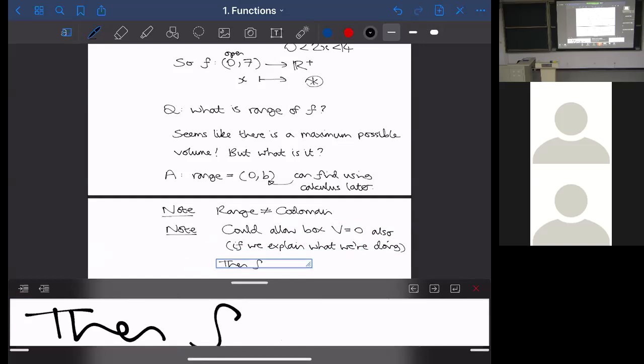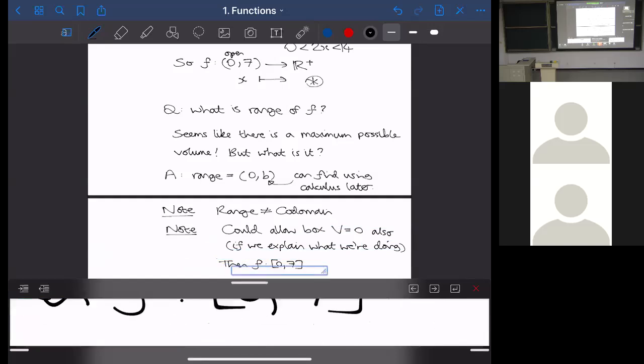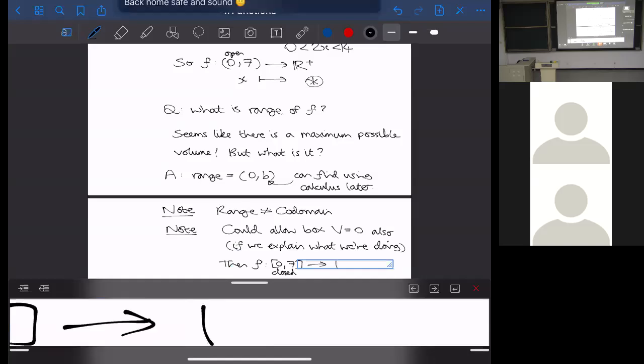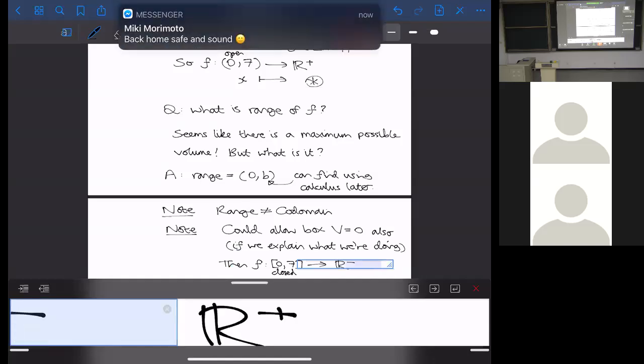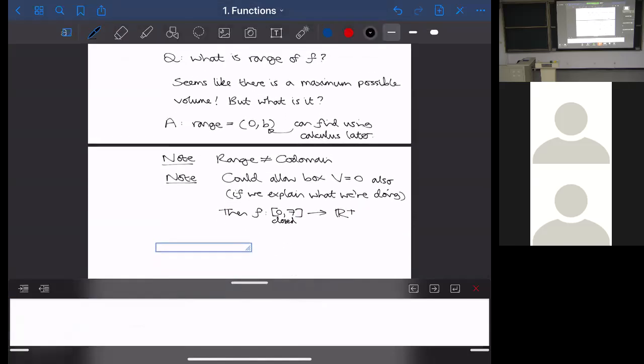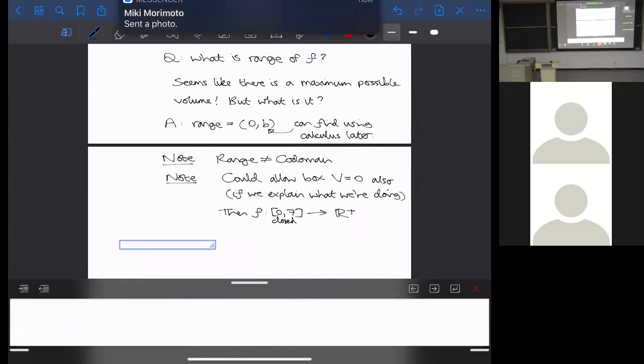So then f is a function from 0 to 7 closed interval to R plus. So like last time, we have a choice of how we define the function. Okay, so here's another example.